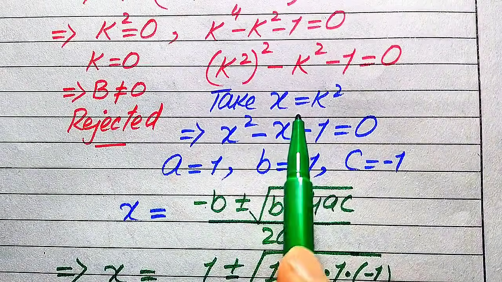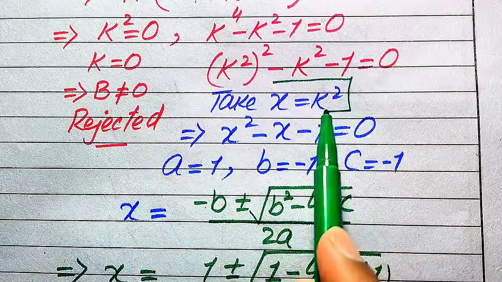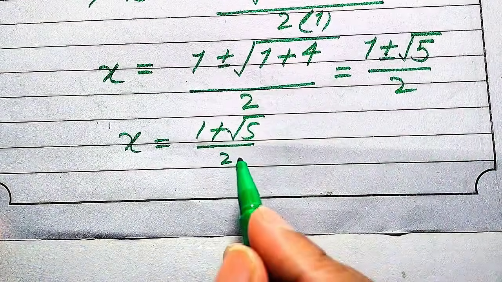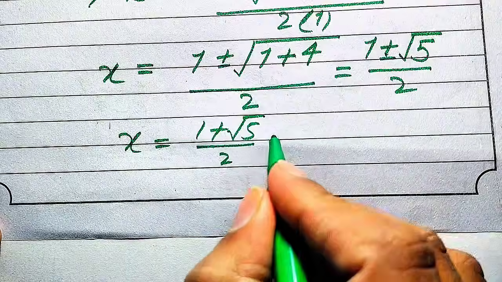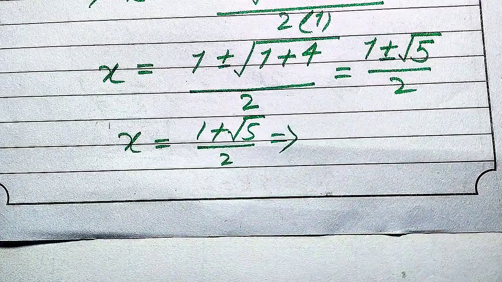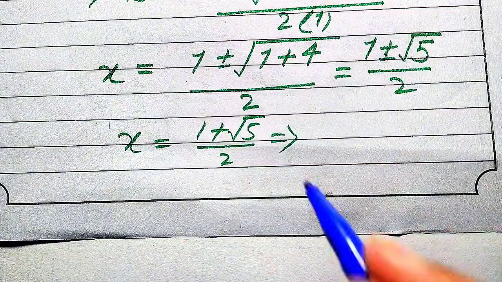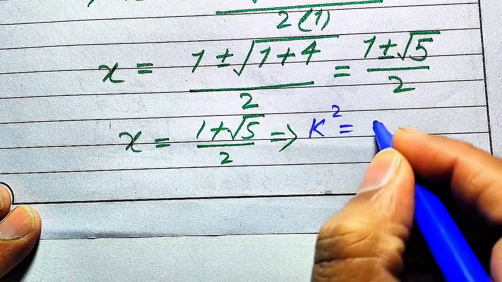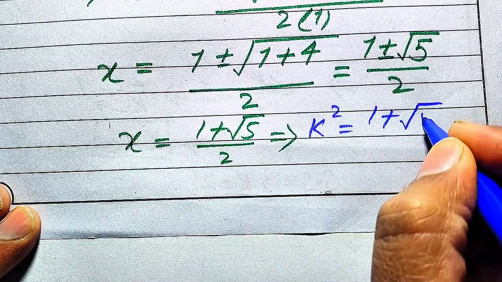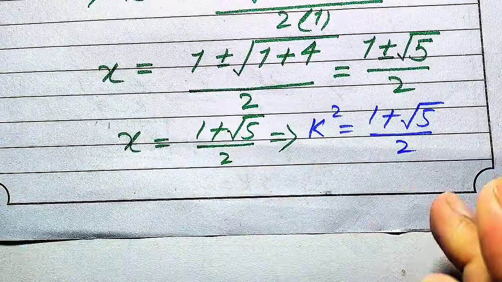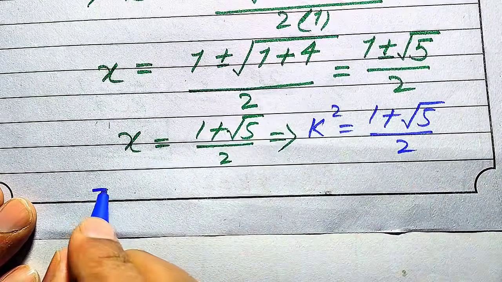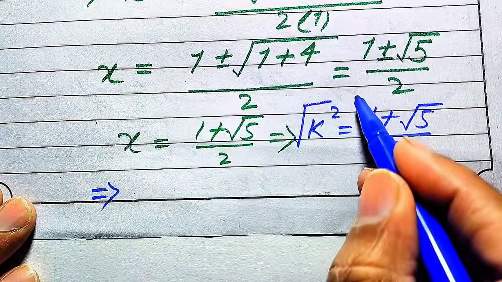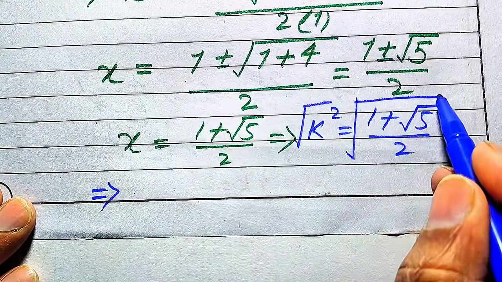And you see here we just take our x is equal to k square. So we substitute this value of x here, and when you put it here this will be written as k square is equal to 1 plus square root of 5 divided by 2. So because here our target is to get the values of k, we need to take the square root on both of the sides for the value of k.